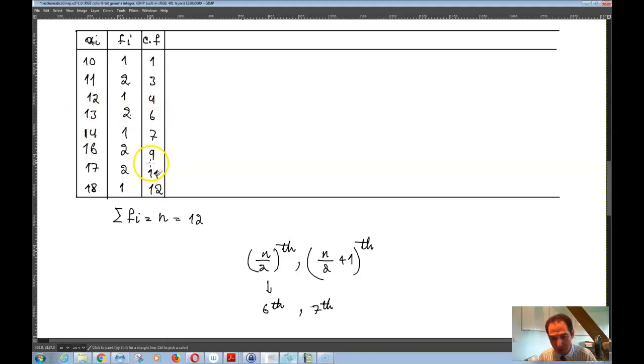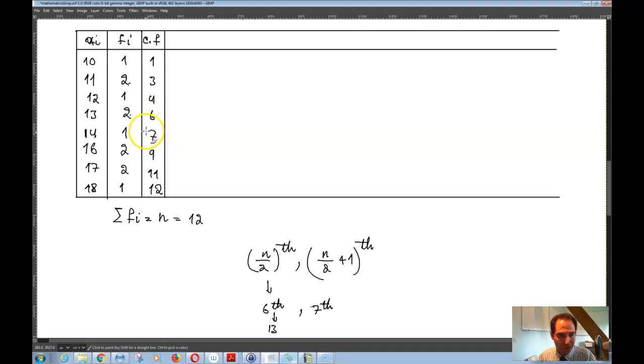I'll show you how you can use this table as well. For example, I'm looking for my sixth observation. My sixth observation is exactly over here, which is 13. So that's how you find your sixth observation, that is 13.